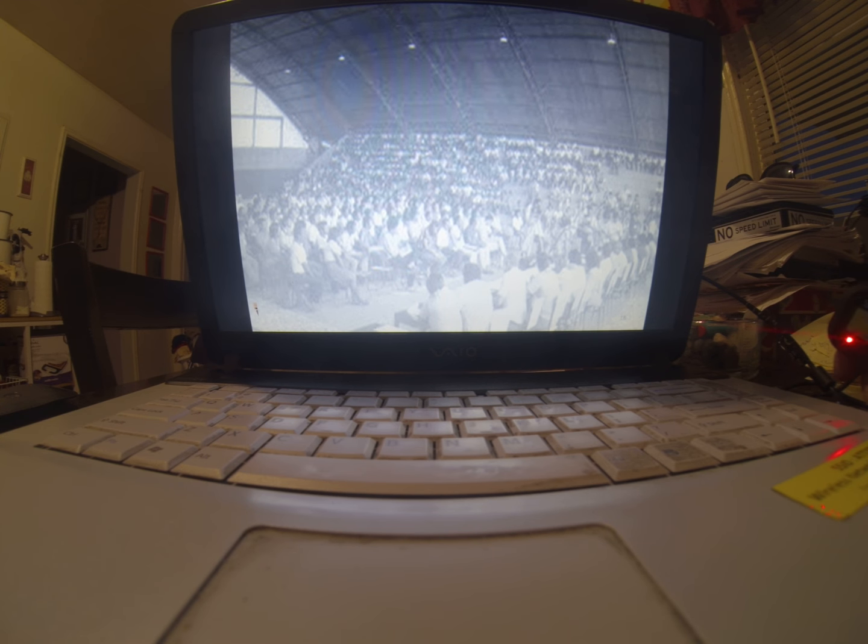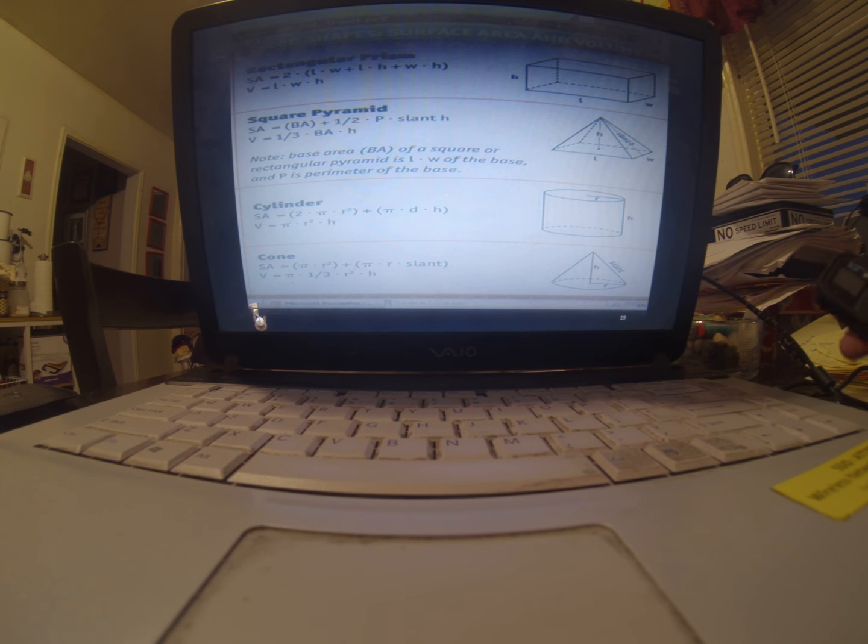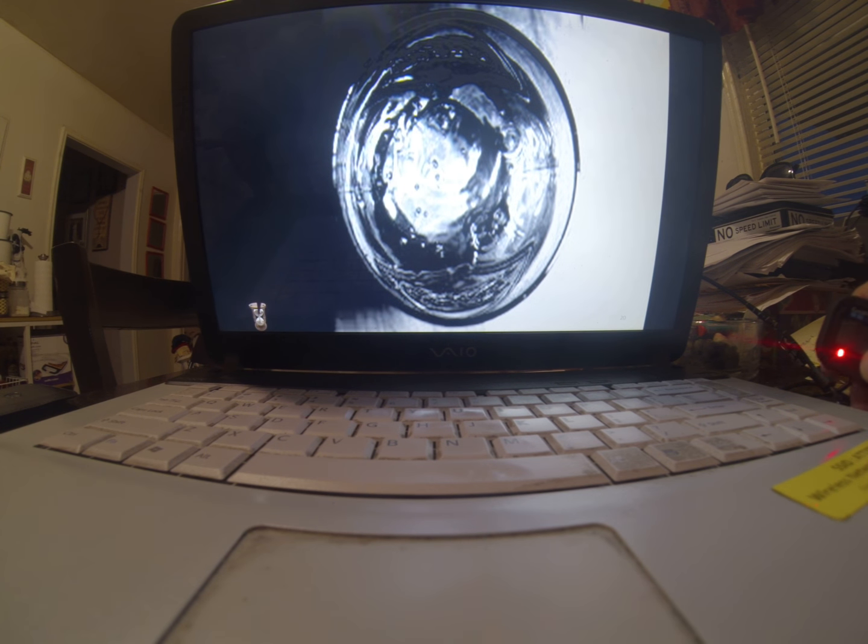From there, we're going to go over volumes, and students need to apply this in order to understand what a volume is, which is basically the retention of any container, the retention of liquids.